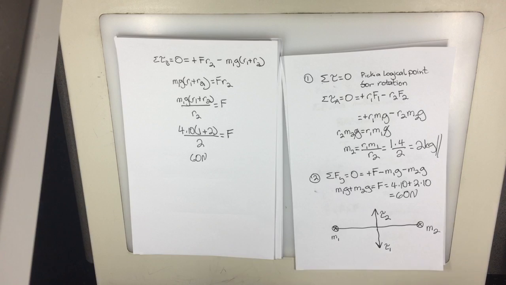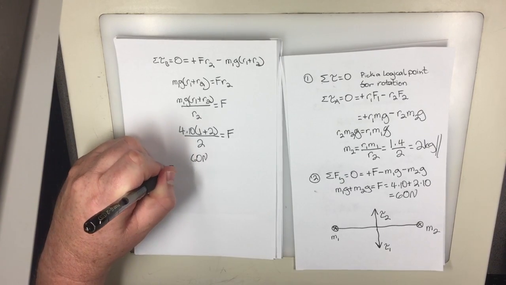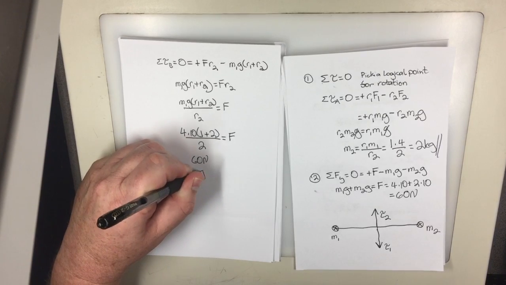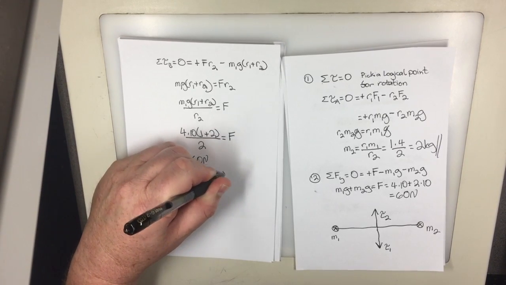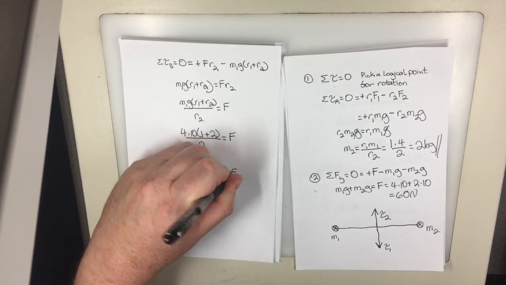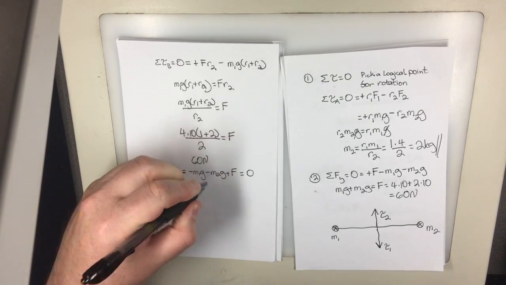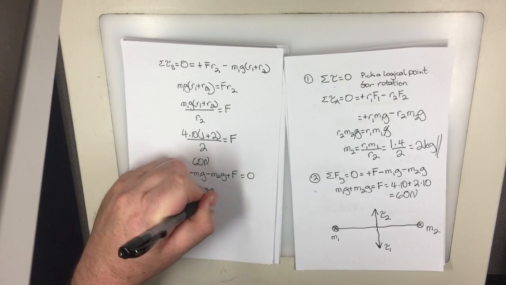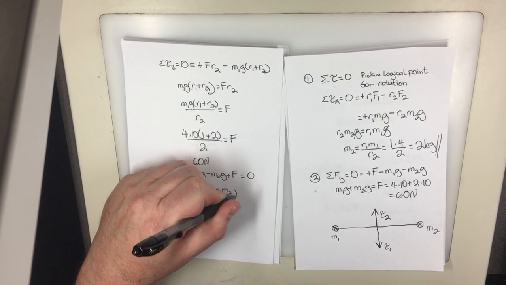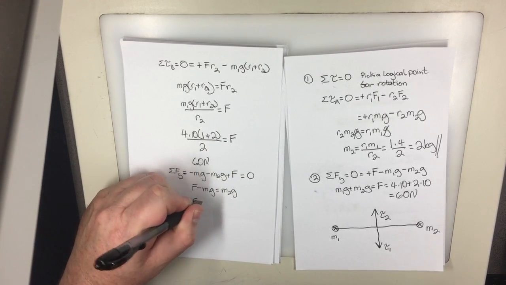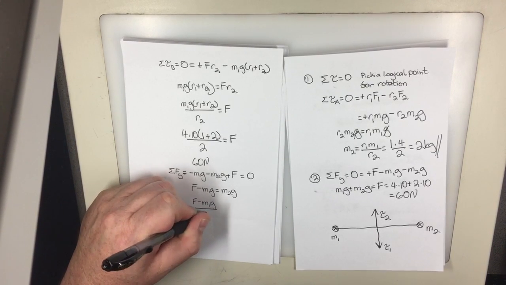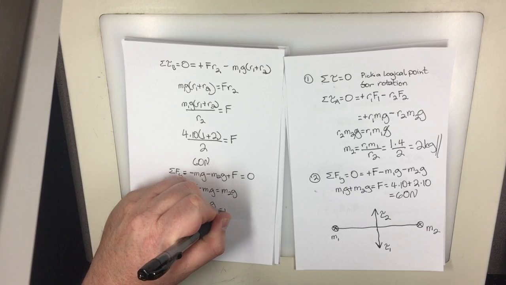You can solve M2 now by just doing the sum of the forces in the vertical. Minus M1 G minus M2 G plus F is equal to 0. So F minus M1 G equals M2 G. So F minus M1 G over G is equal to M2.